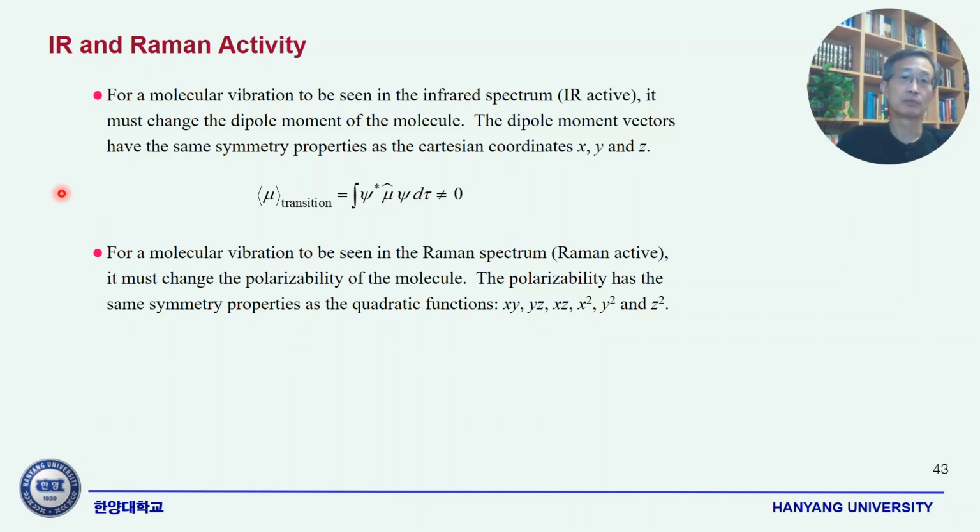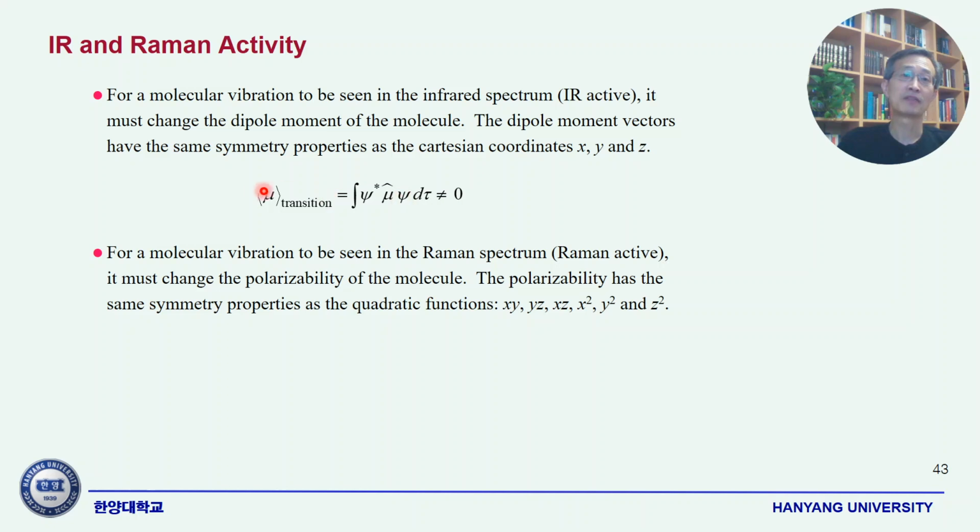For a molecular vibration to be active in the infrared spectrum, it must change its dipole moment. The dipole moment vector has components along the X, Y, or Z coordinate.